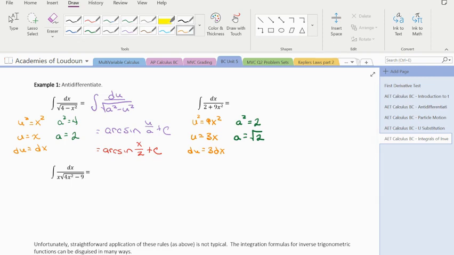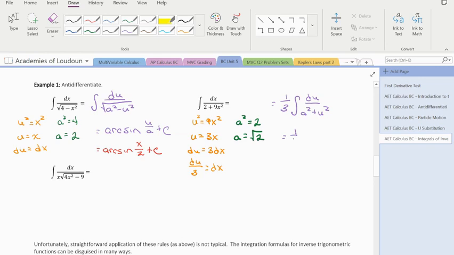Now, because we don't have a 3 in here, we know from our u substitution that we need to divide by the 3. So now we are in the form of 1/3, because that 1/3 gets factored out, of du over a squared plus u squared.